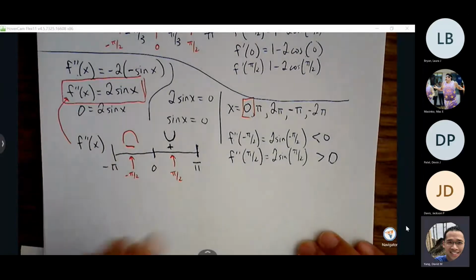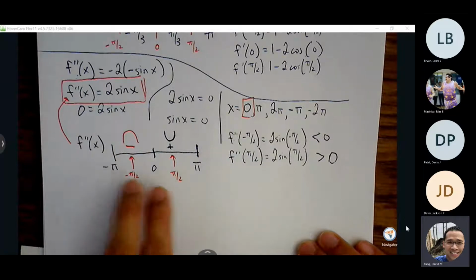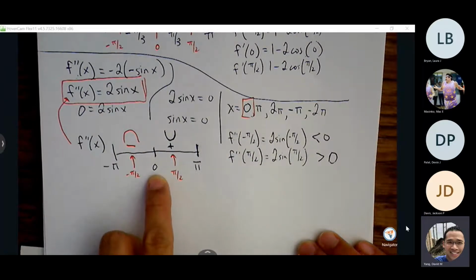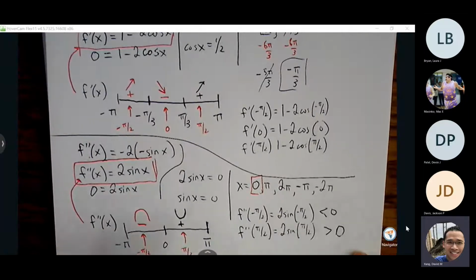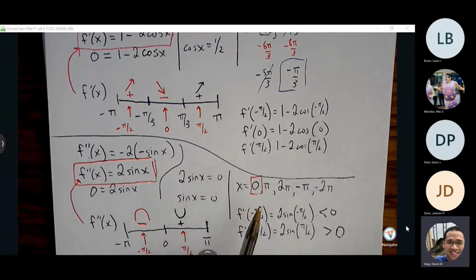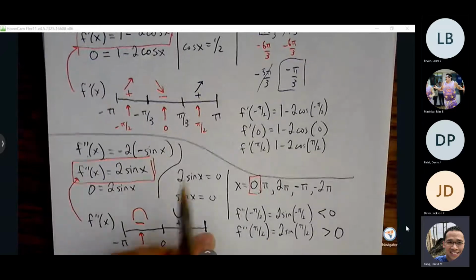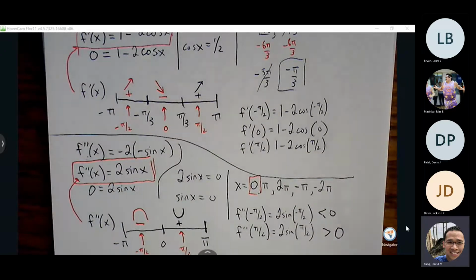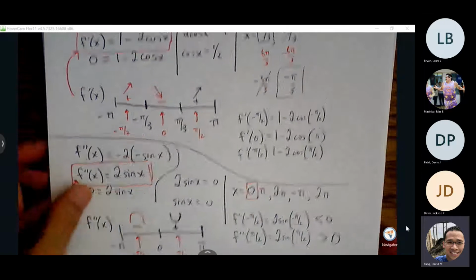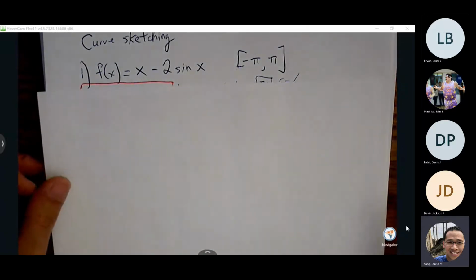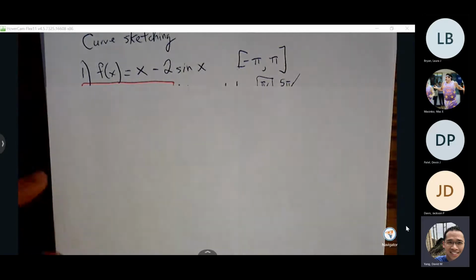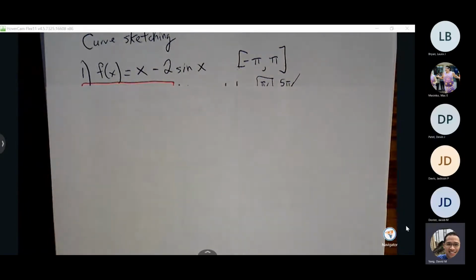Okay, we're done with the calculus. We know the intervals, we know there's a point of inflection at 0, and we know where the relative max and relative mins are. Okay, so let's go back and gather information and sketch the graph. When we sketch the graph, we're going to go back to the original function and gather all the ordered pairs that we need. So endpoints, relative max, relative min, those are the important ones.